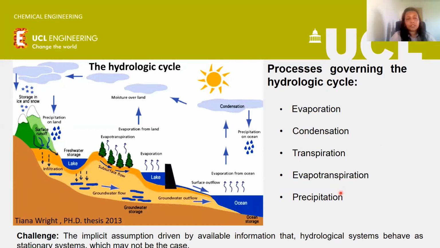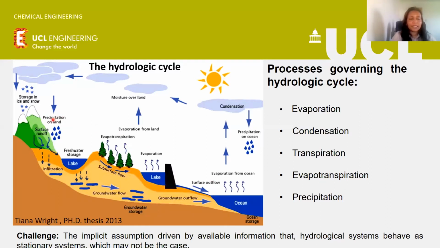But when it comes to the starting point, let's start with the oceans, because the ocean is the largest source. When you look at how the water is cycled in the oceans, the process that happens there is evaporation, and from evaporation it leads on to precipitation. After precipitation, the water can be locked up in ice and snow.